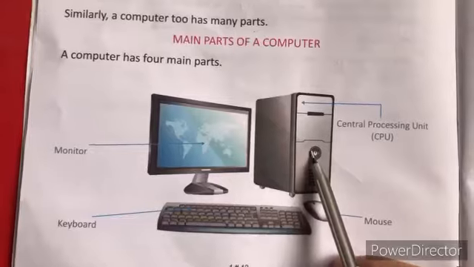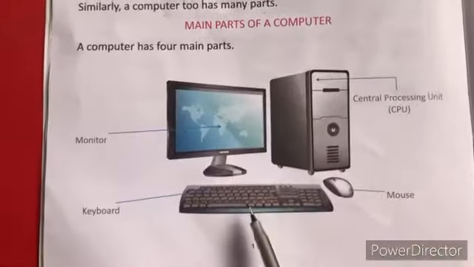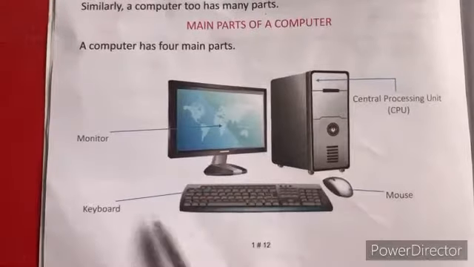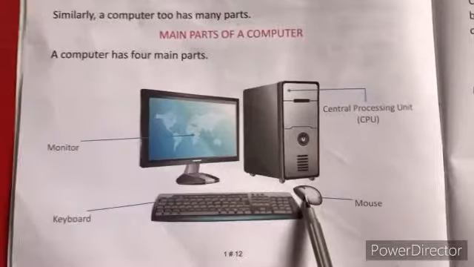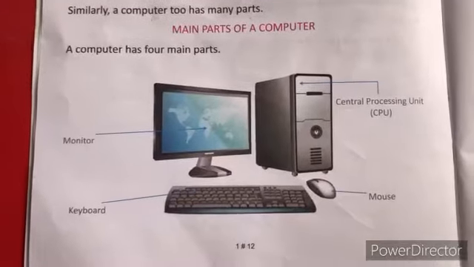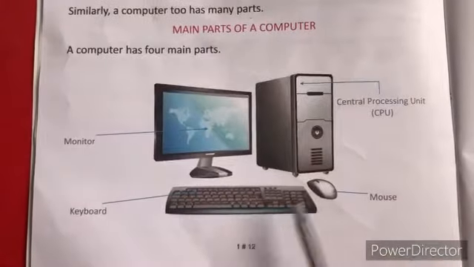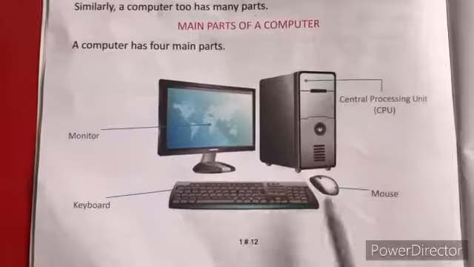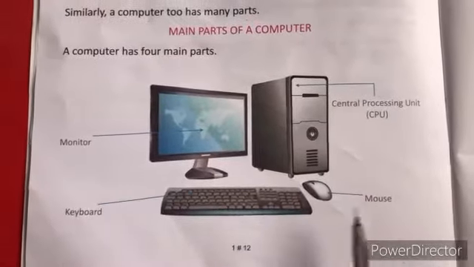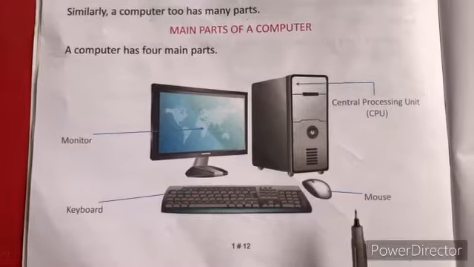It is the brain of the computer, right? This is the keyboard. This is the mouse. Monitor, CPU, keyboard and mouse. Now we understand the uses of the monitor, keyboard, mouse and CPU.